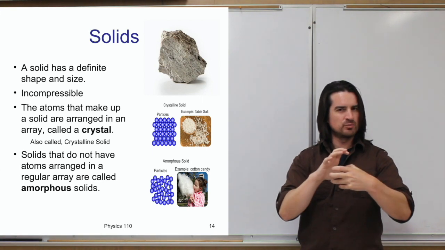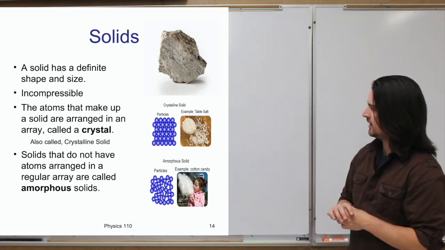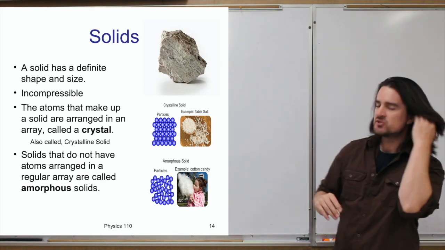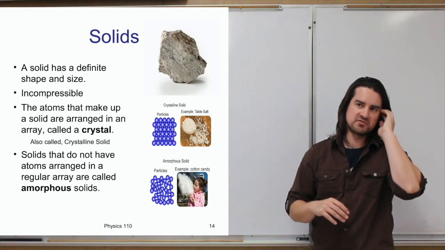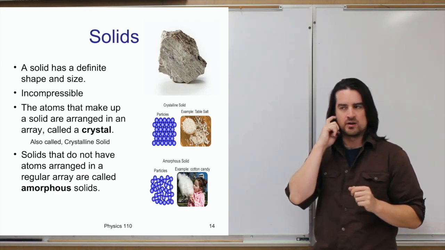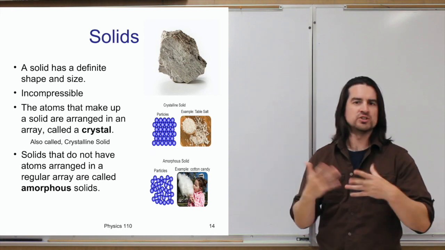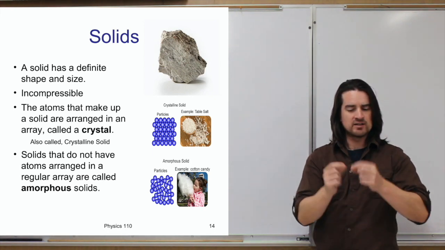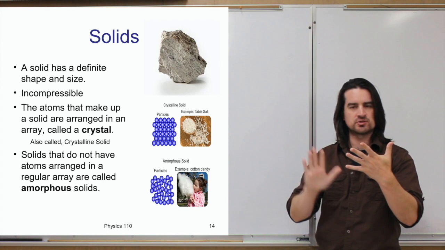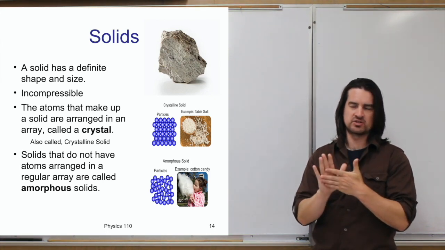There might be a little bit of give, but it's at least nearly incompressible. And the atoms, the tiny little bits that make up this solid, are arranged in structures that don't really change. The atoms themselves are moving around, but the overall structure remains the same. So that's partly what makes a solid a solid.